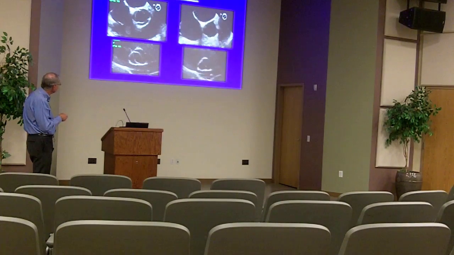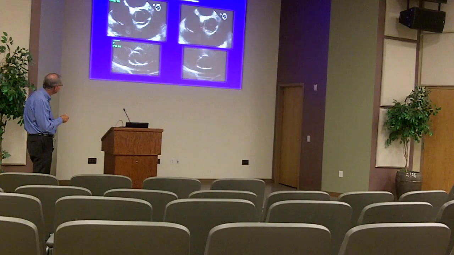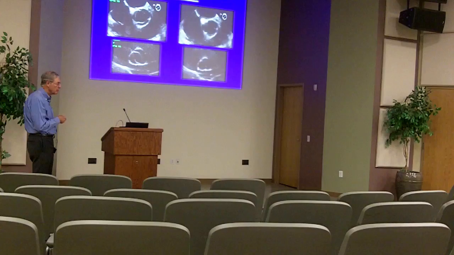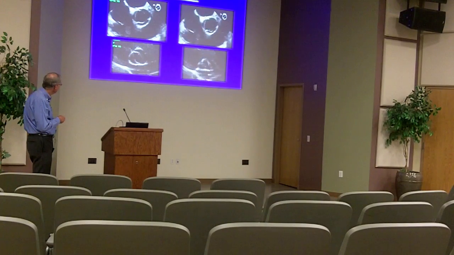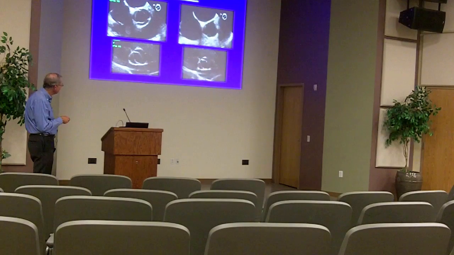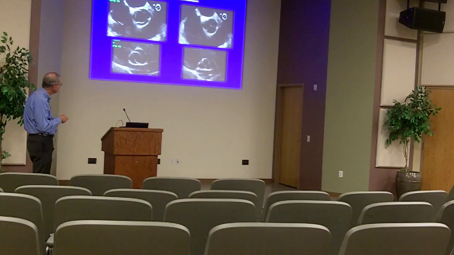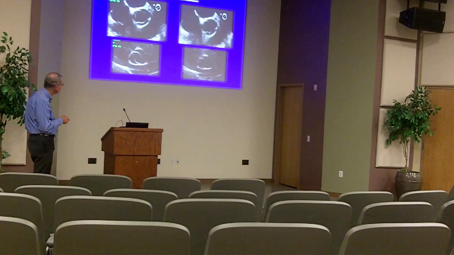In the aortic valve, most of us have 3 cusps. There's 1, 2, 3. About 2% of the population have bicuspid aortic valves, and that's what this looks like. What's important is that these develop leaks and start to calcify faster for most people that have the bicuspid valve.